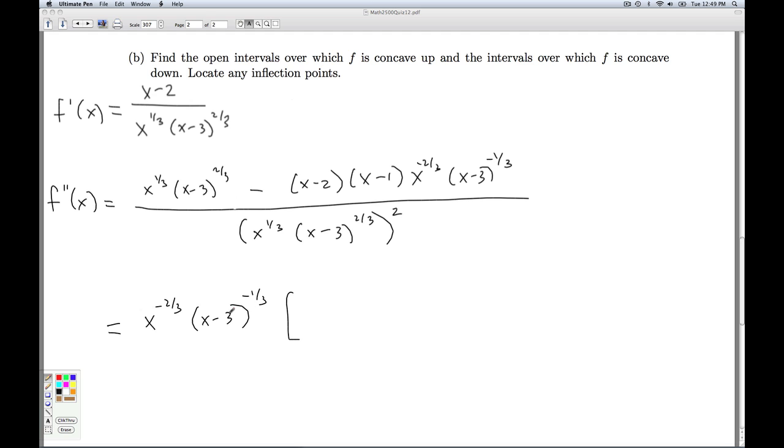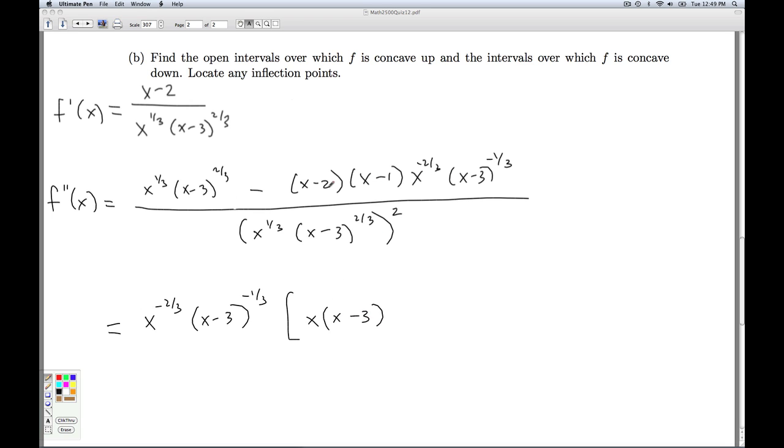When I factor something out, I'm dividing by that thing. And if I divide by x to the minus 2/3, that's the same as multiplying by x to the 2/3. That's going to give me an x there. When I factor this out of this guy, I'm going to be multiplying by x minus 3 to the positive 1/3. That gives me an x minus 3.